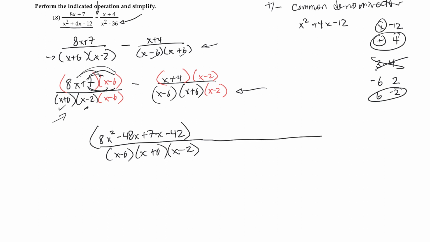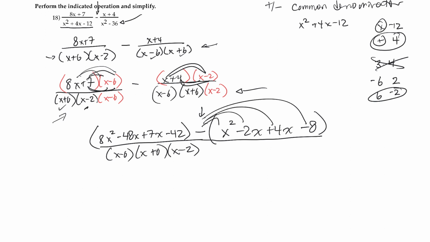I'm just going to put that in brackets, minus, and I'll put the FOIL of this one over on the right, same thing. x times x is x squared. x times minus 2 is minus 2x. 4 times x is a positive 4x. And 4 times a minus 2 is a minus 8. Now it's important that you put that negative there because the negative sign has to apply to everything that's in the brackets, so everything has to change sign.